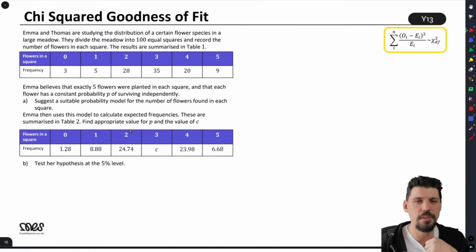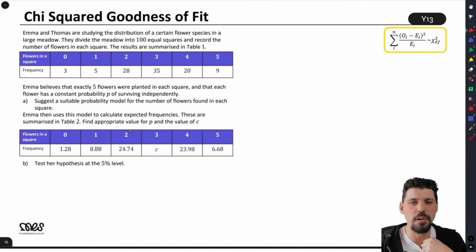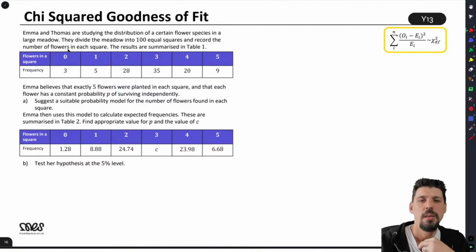So let's go for goodness of fit. This is a binomial. There's my result up here at the top right. There are 100 squares.